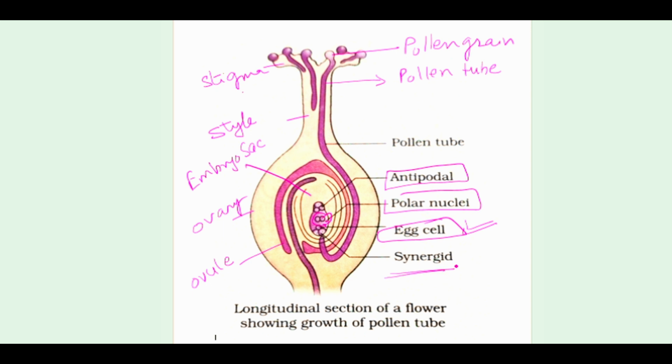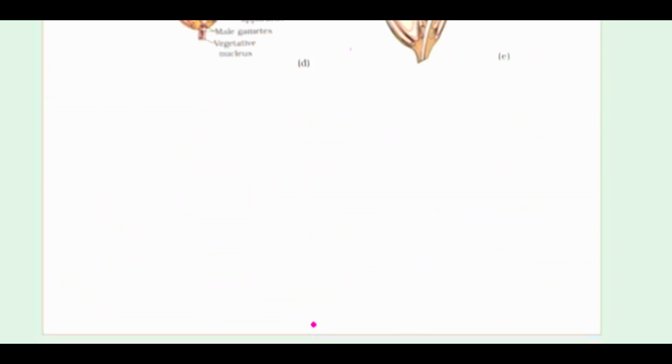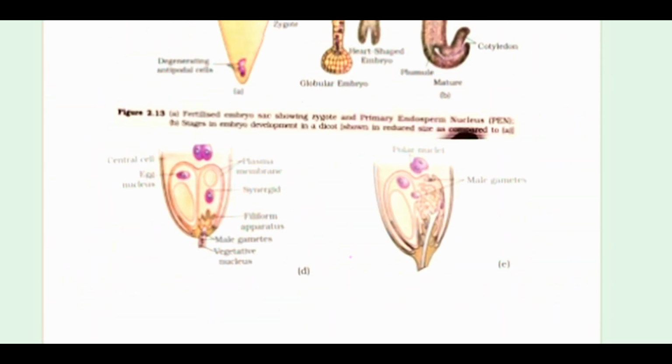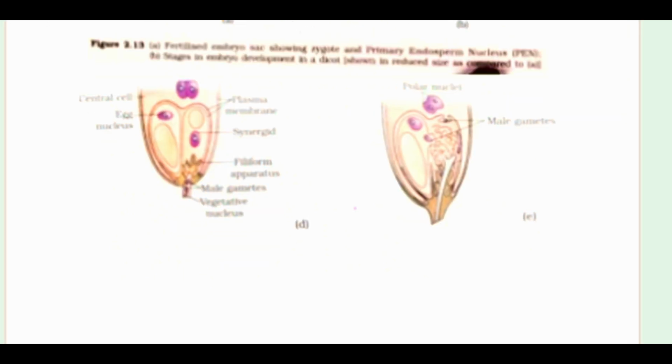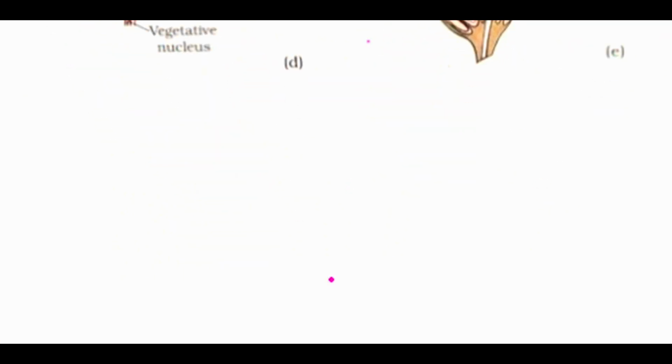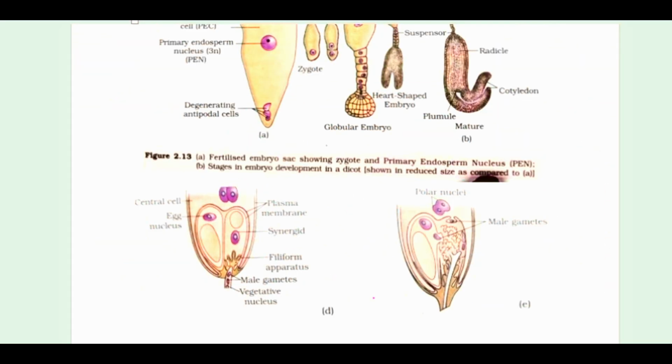And suppose pollination and fertilization occurred, after that what exactly happens, you can see in the next diagram of NCERT over here, during the process of fertilization. As you can see in this first diagram, I'm talking about this diagram, the pollen tube has already reached inside the filiform apparatus.